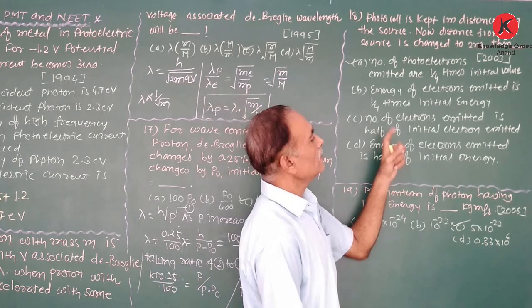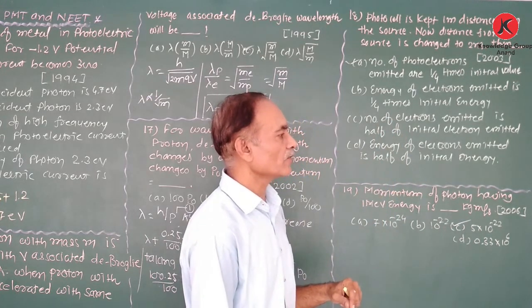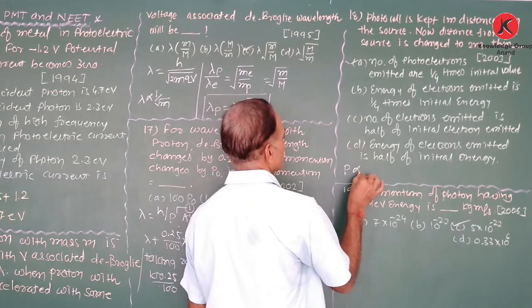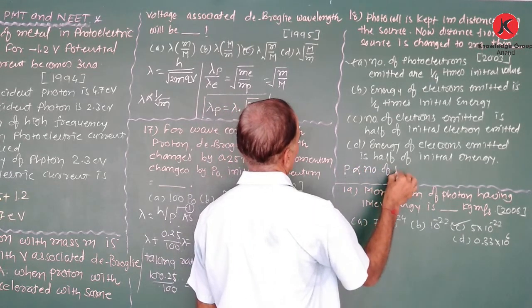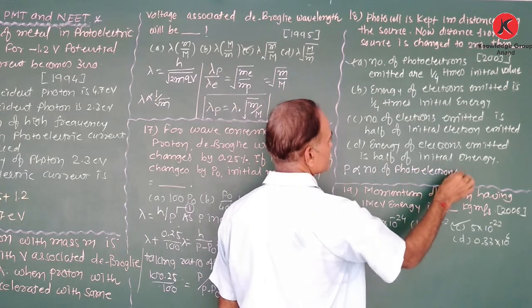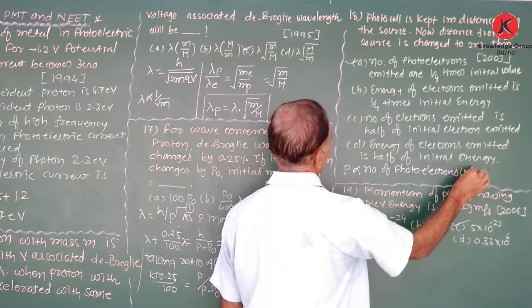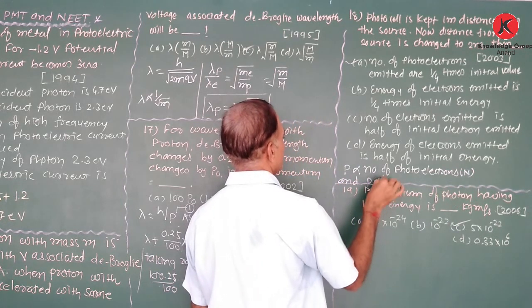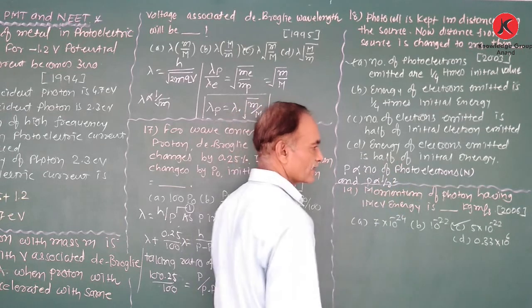Now the power is equal to the number of photons emitted. Power P is directly proportional to the number of photoelectrons. And power P is directly proportional to 1 upon R squared.